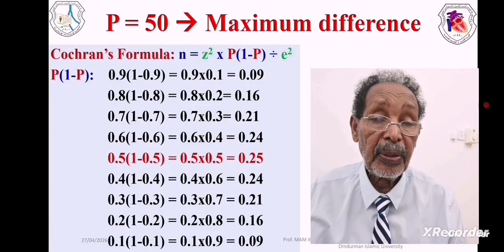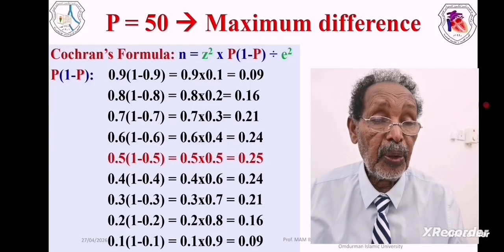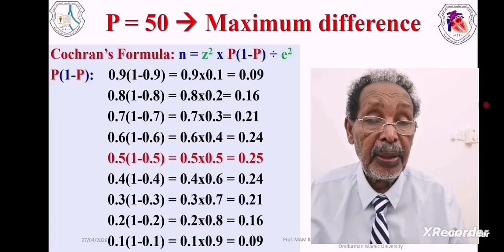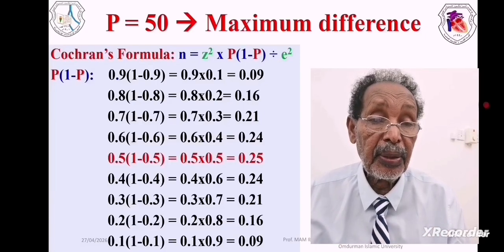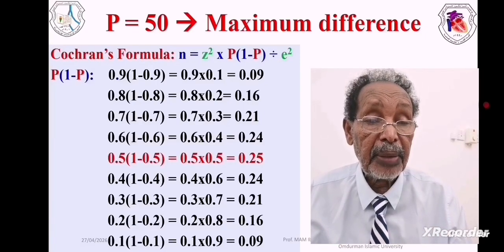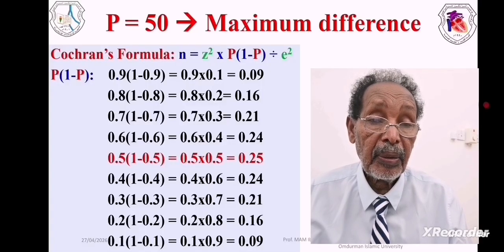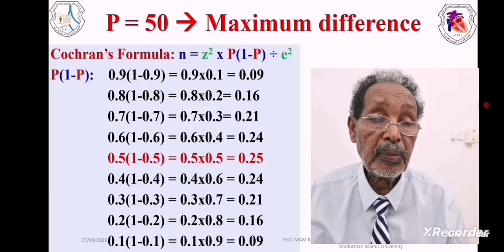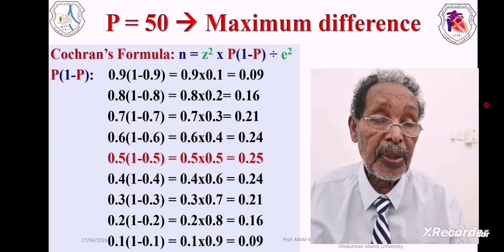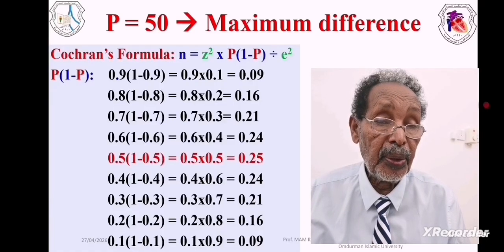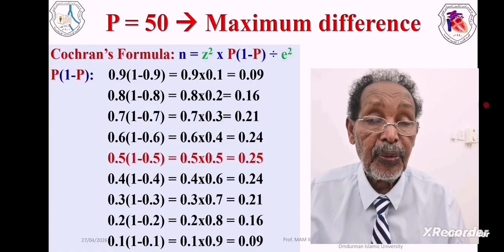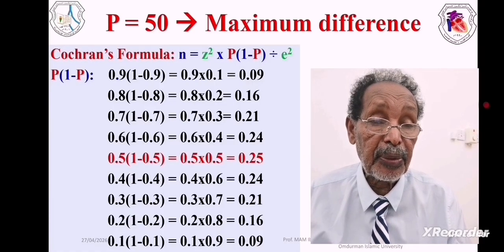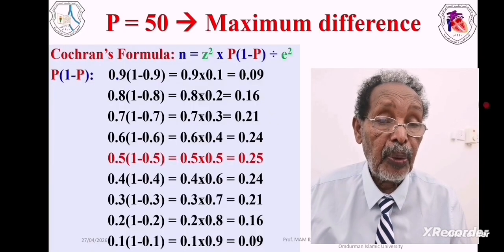80% will be 0.8 multiplied by 1 minus 0.8, which is 0.8 multiplied by 0.2, and the result will be 0.16. If we use 70%, the result will be 0.21.